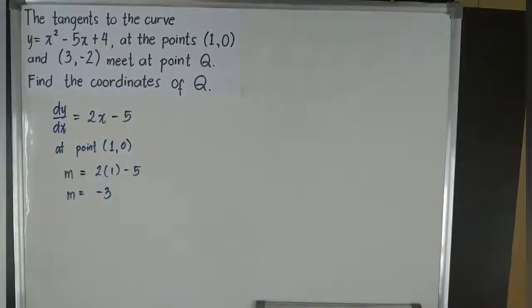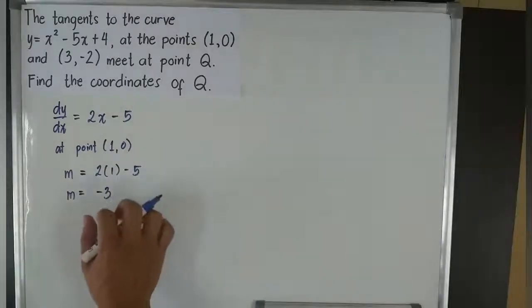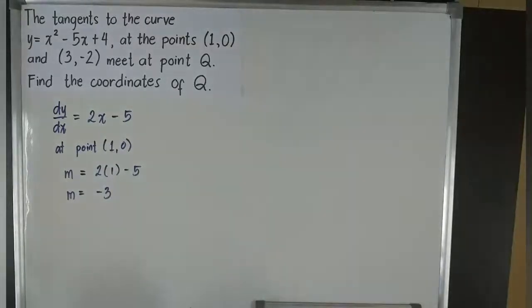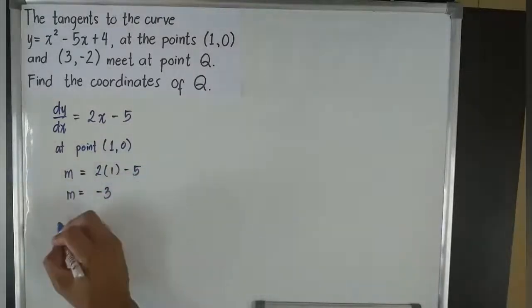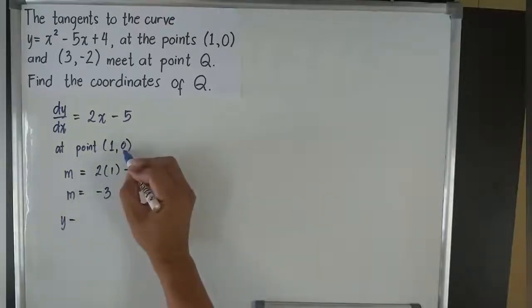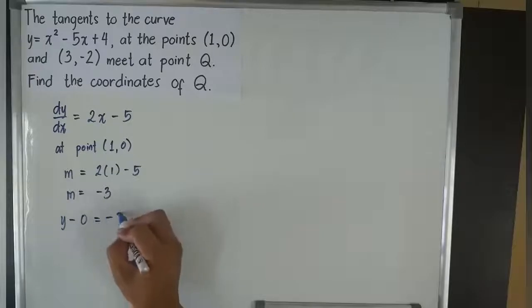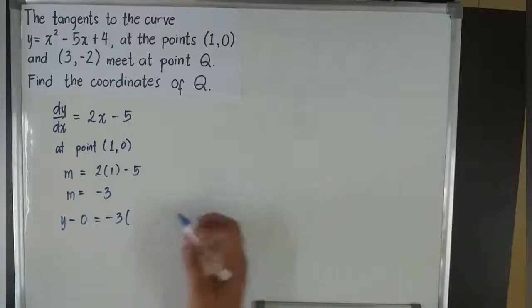Let's continue by finding the equation of the tangent at point (1, 0). What is the formula? It is y minus y1 equals the gradient, which is -3, times x minus x1.